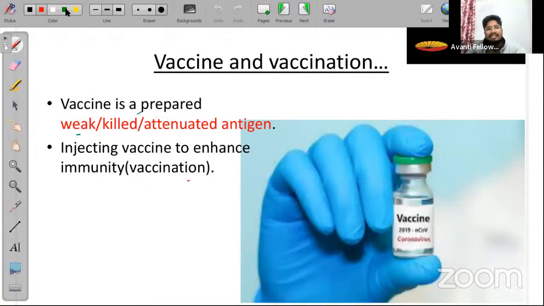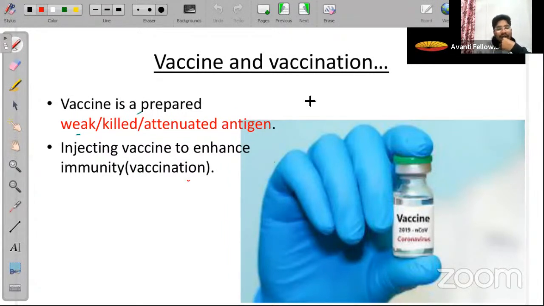Vaccination is the process of providing vaccine, or injecting vaccine into the body, enhancing the immune system or immune power by injecting vaccine is called vaccination. So what is a vaccine?